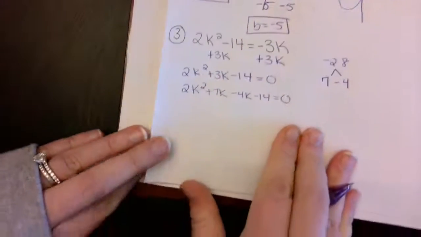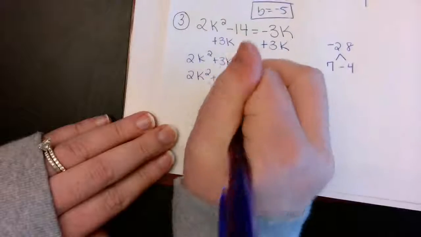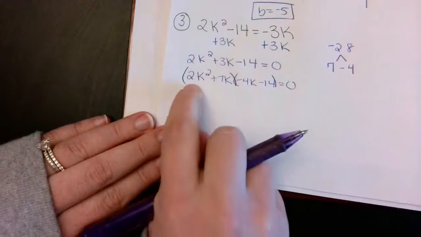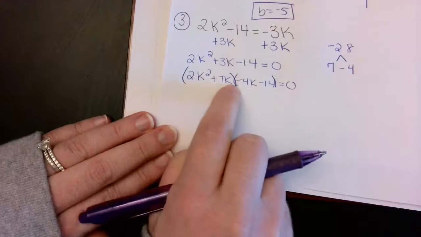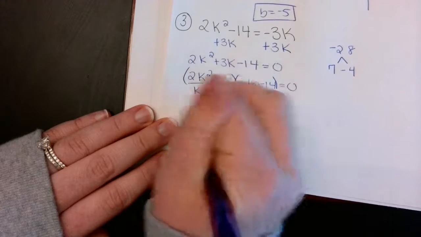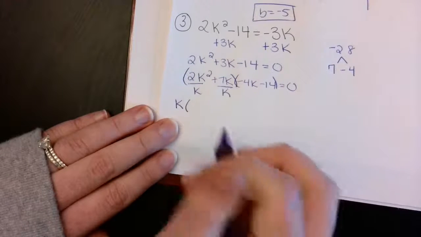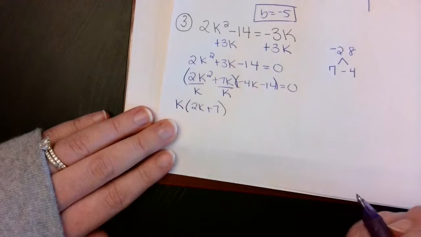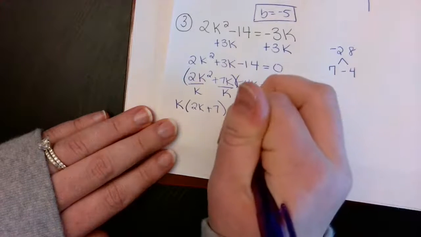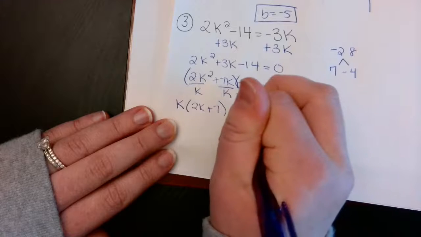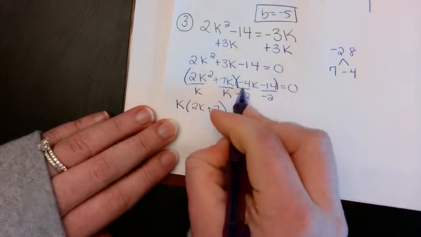From there, I'm going to group my first two together and my last two. My greatest common factor of 2k squared and 7k is just a k. I pull a k out, leaving 2k plus 7. In my second one, my greatest common factor would be a negative 2, because of that negative 4 right there.